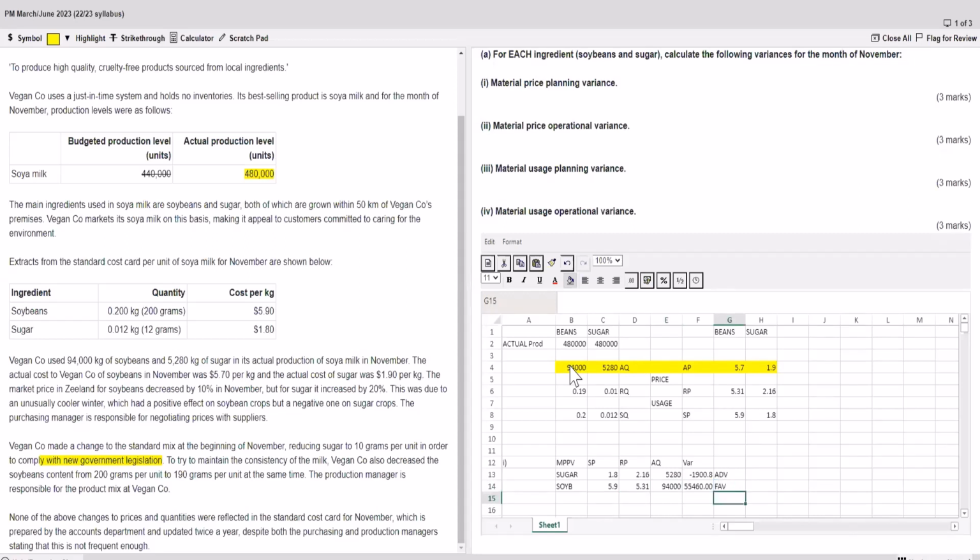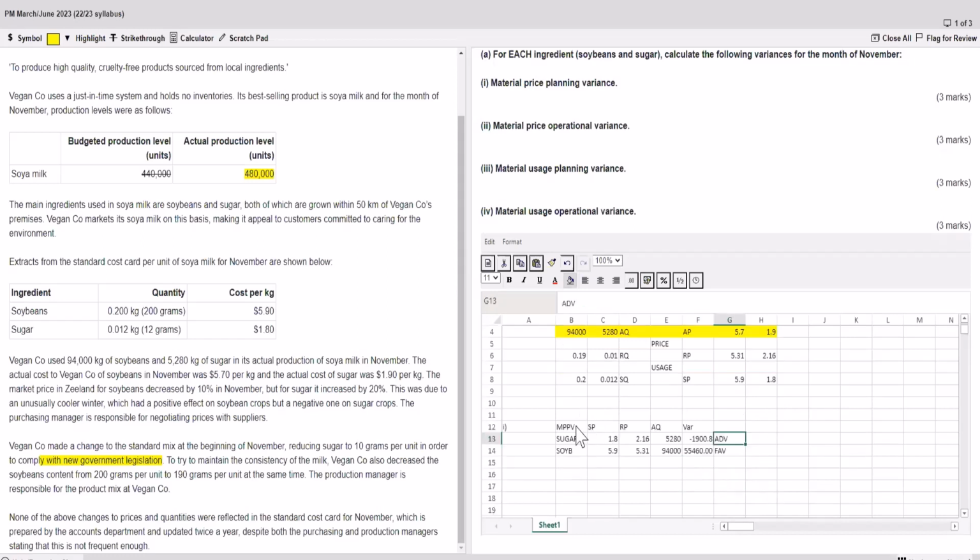Okay. Now that makes sense. Let's just check that. The revised price has gone down, which makes sense, doesn't it? Because it says decreased by 10%, so therefore it must be favourable. But the sugar price has gone up, therefore it must be adverse. So we're happy with that. So that's the material price planning variance.